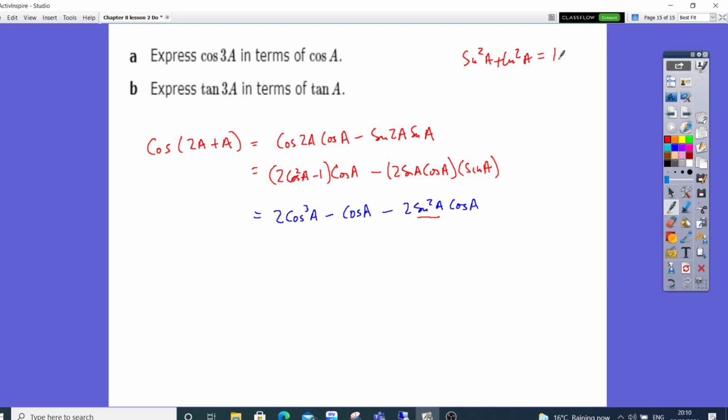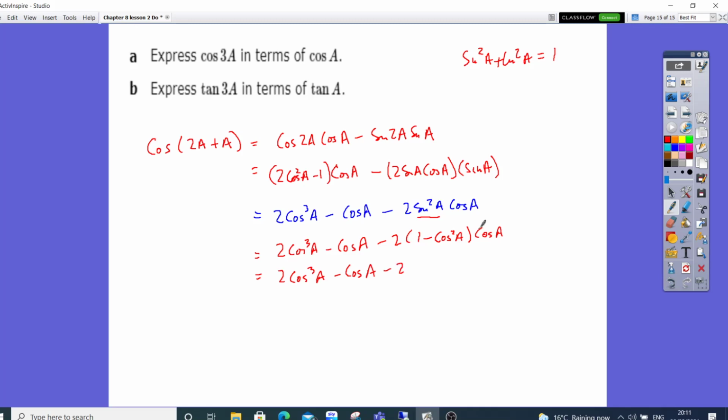So what I'm going to do is 2 cos cubed a minus cos a minus 2, and I'm going to replace this with 1 minus cos squared a, and then I've still got cos a to multiply that outside. So let's just expand all that out.